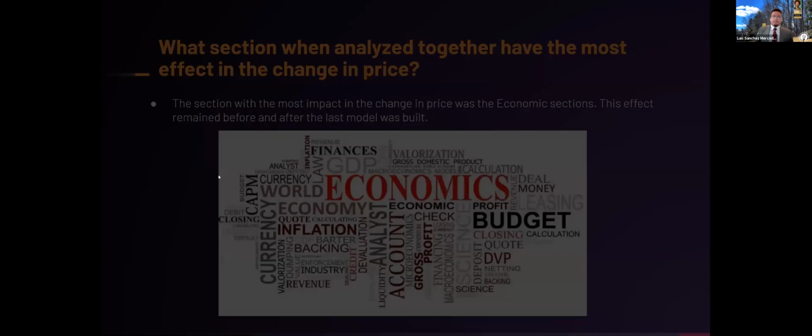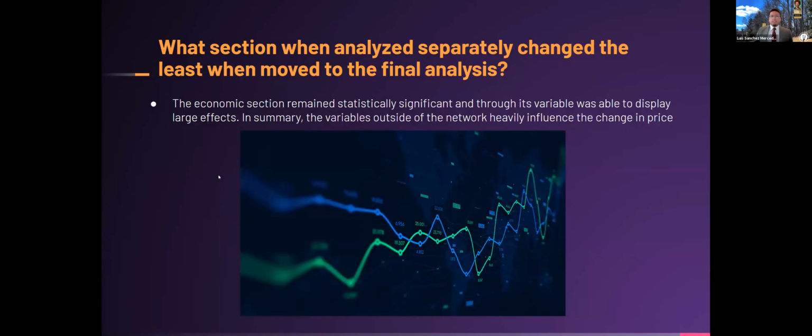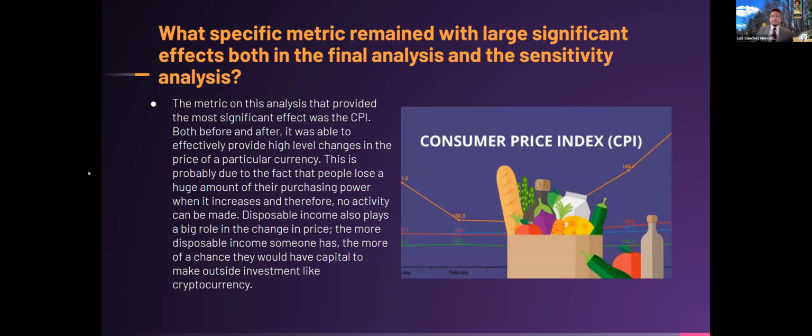In terms of who changed the least in going from the individual change that you saw in the results to the final model, again, the economic section seemed to perform incredibly well and was significant within the 95% confidence level. The metrics that I found the most impactful were the interest, the consumer price index, and the disposable income that a person has at hand.